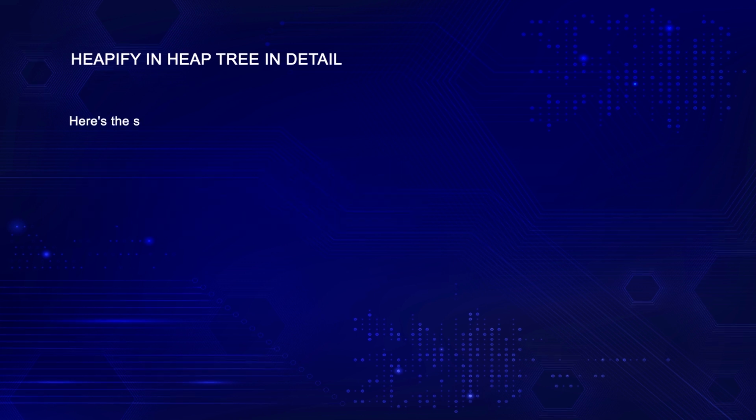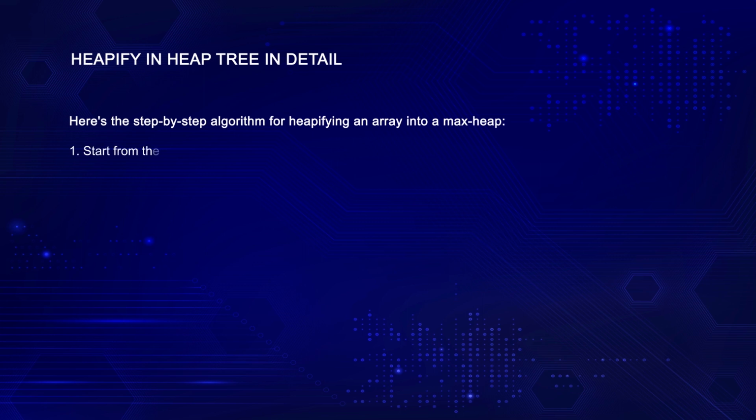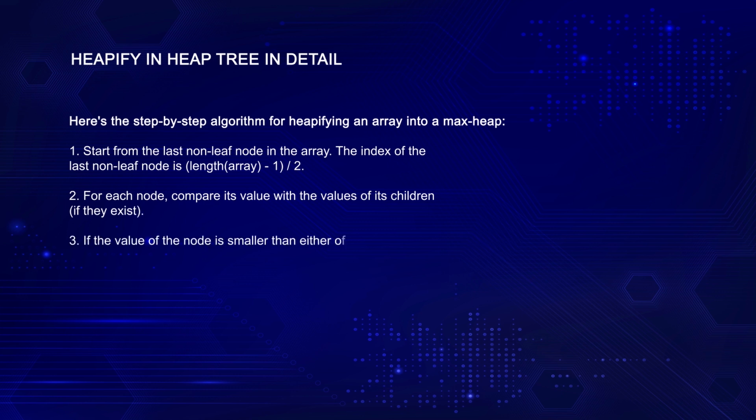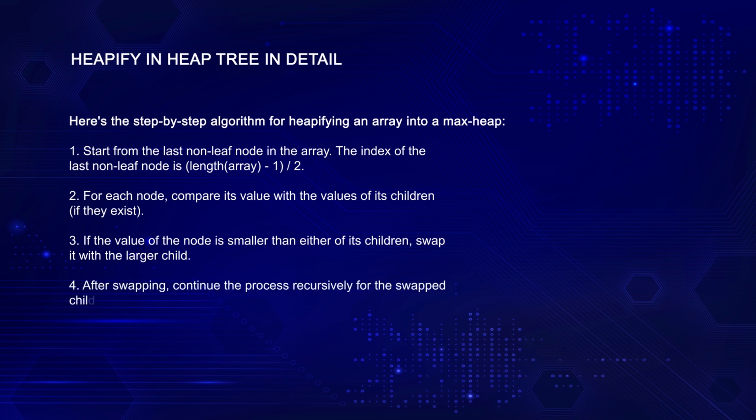Here is a step by step algorithm for heapifying an array into a max heap. The first step we need to follow is to start from the last non-leaf node in the array. The index of the last non-leaf node is (length of array minus 1) divided by 2. The second step is, for each node, compare its value with the value of its children, if they exist.